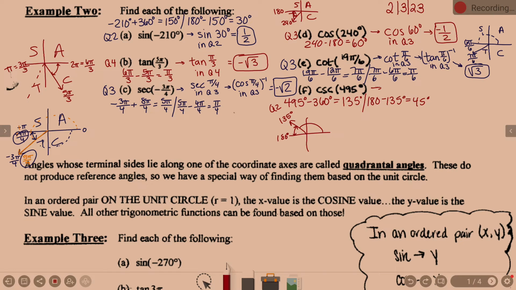So my brain is thinking, what is the cosecant of 45 degrees in quadrant 2? But then my brain doesn't memorize cosecants. My brain memorizes sine. Cosecant is the reciprocal of sine. So we're looking at the reciprocal of sine of 45 in quadrant 2.